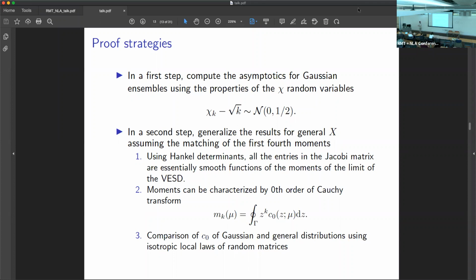And then all these moments can be characterized by the zeroth order of the Cauchy transform, which is the Stieltjes transform. Then you can see that in order to compare the Gaussian with the non-Gaussian case, you only have to compare the Stieltjes transform for the Gaussian and non-Gaussian. Okay, that is the case. So you do that, and the local law will come in. Okay, so that's the idea of their approach.